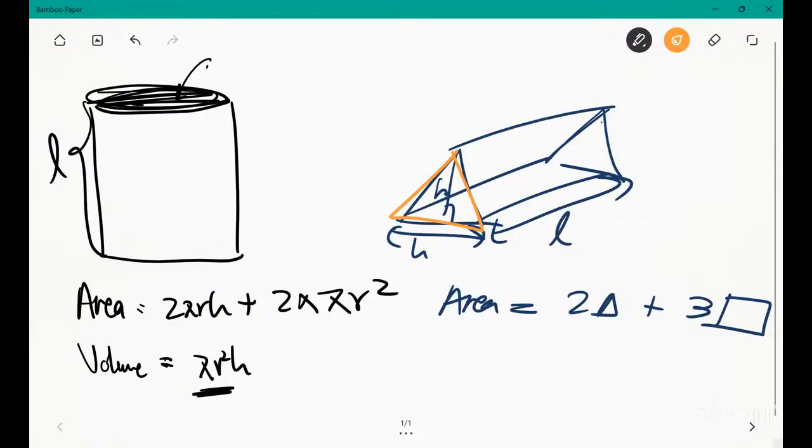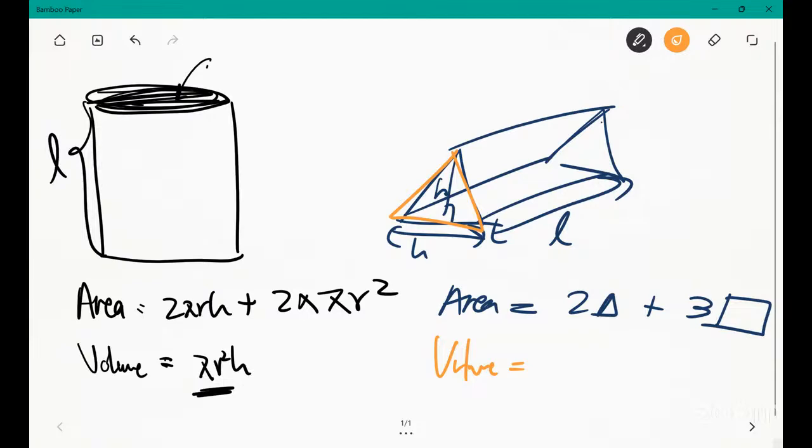Then tell me the volume. What's our volume going to be? Remember, same as cylinder and prism. It's the cross section into the length or height.